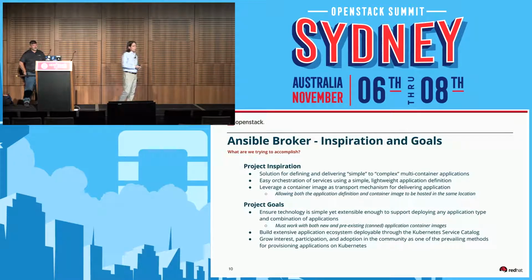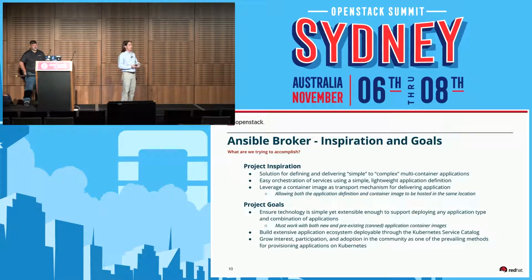The other thing we can do is our application definition is actually a container image. So we can not only ship the definition, we can easily ship it with the container binary image, so they can be done in the same image registry. Some of the goals we had: we had to be able to work with existing applications.